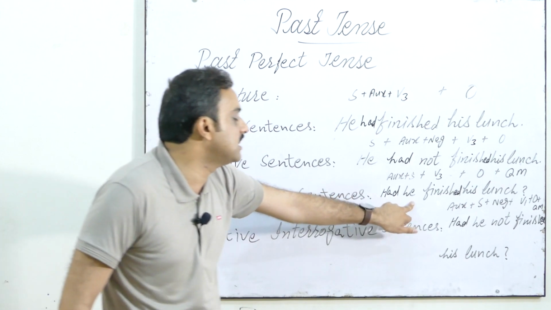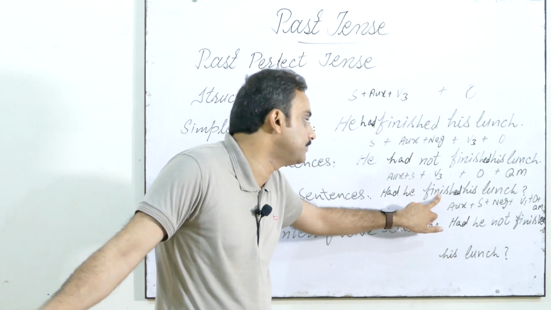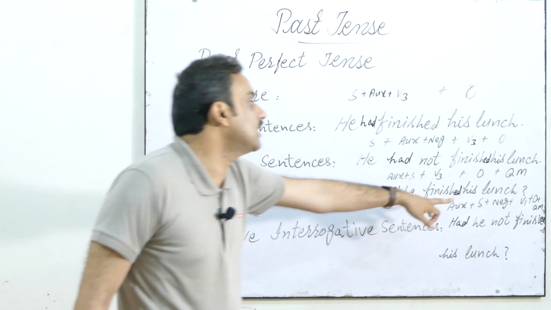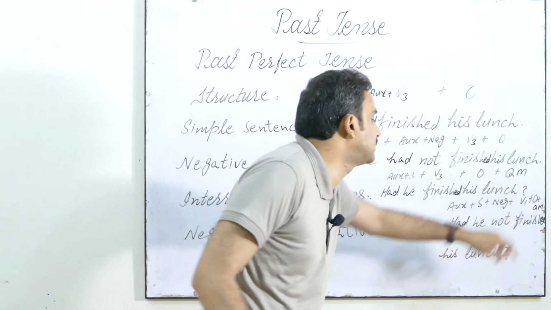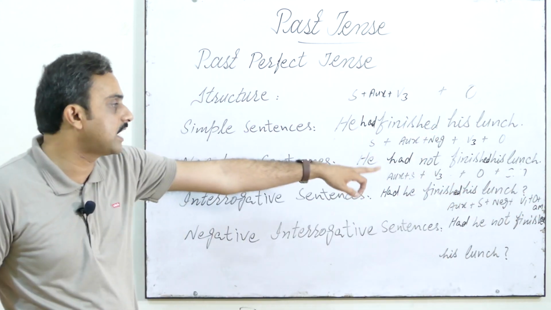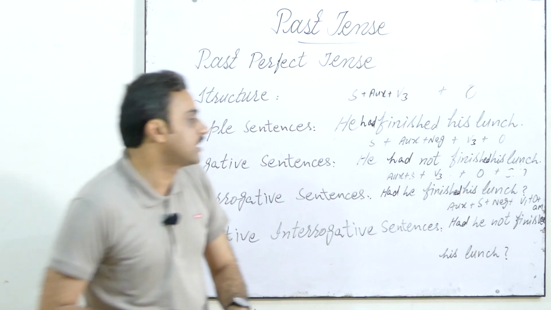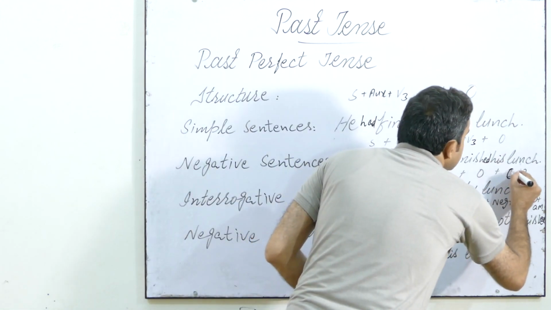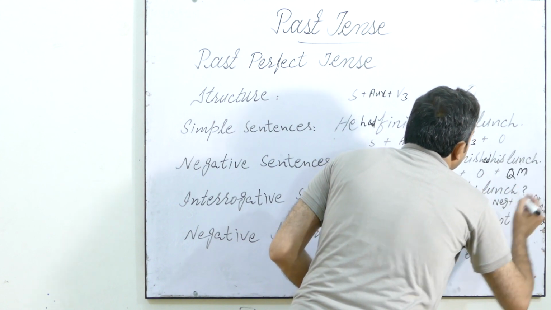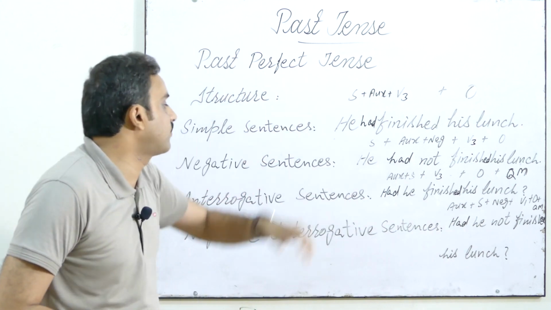Auxiliary "had", "he" is the subject, V3 past participle, and then "his lunch" is your object. So this question mark would be placed at the end.